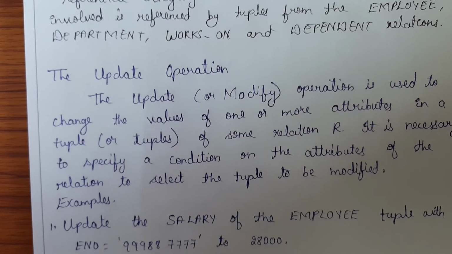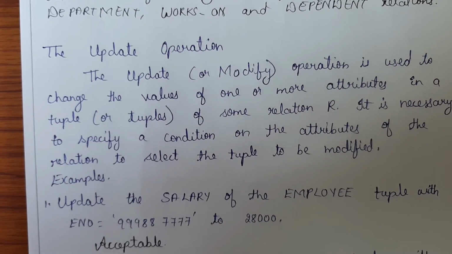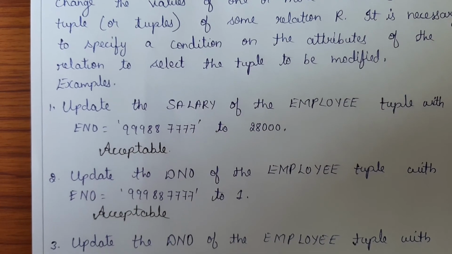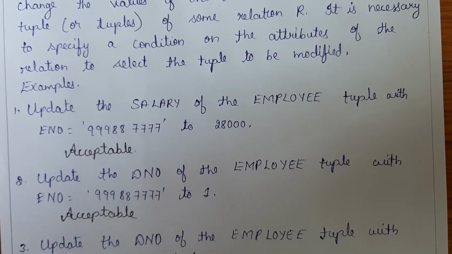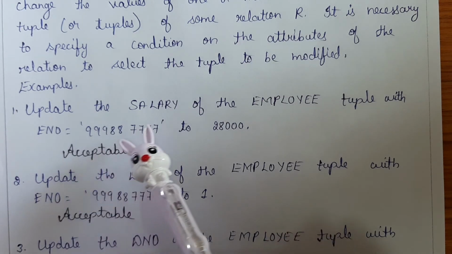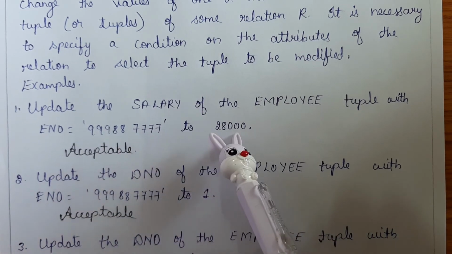The next operation is the update operation. I told you before that in the update operation we are just going to modify. So before modifying, we have to take care of some conditions. Let us move directly to the examples. Update the salary of the employee tuple with this employee number to 28,000.